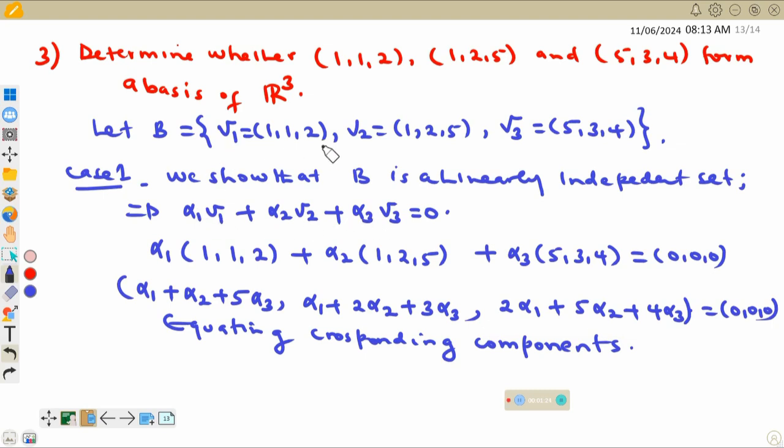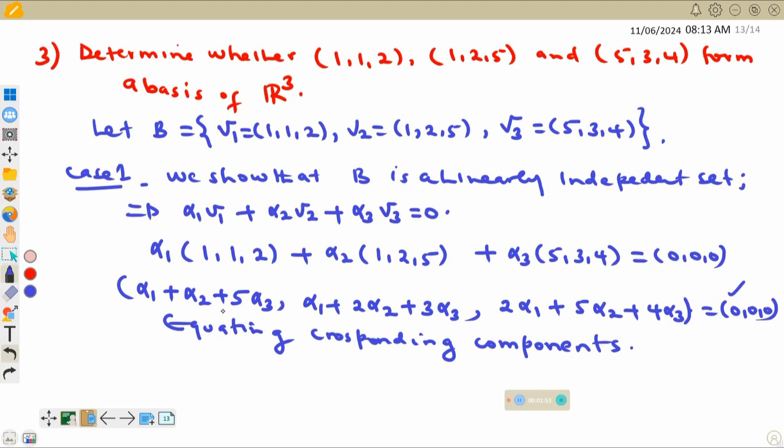So we have v1, v2, v3, so we shall substitute. So alpha 1 into v1 plus alpha 2 into v2 plus alpha 3 into v3, and the 0 component in R3 is (0, 0, 0). So for that case, you will try to simplify this and equate the corresponding components. When you simplify this one here, you'll be able to obtain this expression.